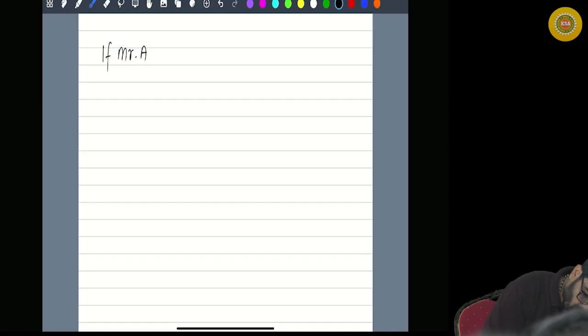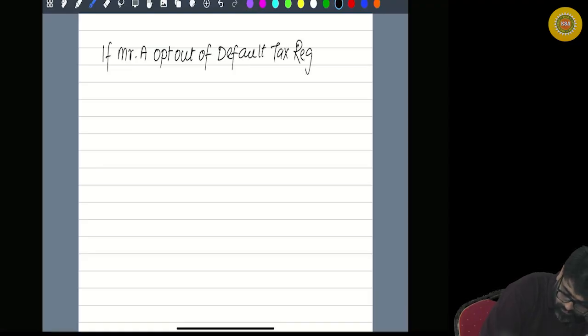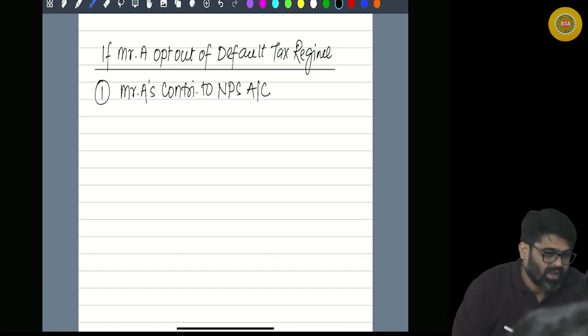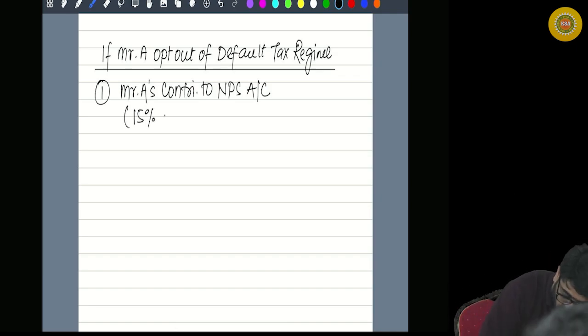What are you going to do? Simple. You are going to write, if Mr. A opts out of default tax regime, first point, Mr. A's contribution to NPS account, 15% of 12 lakhs, amounting to 1,80,000.